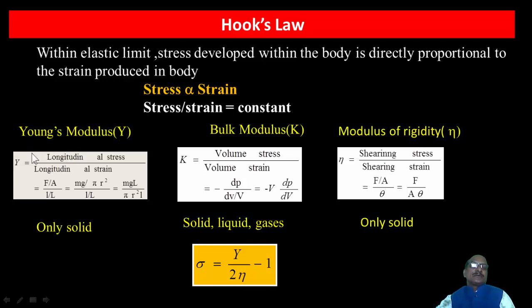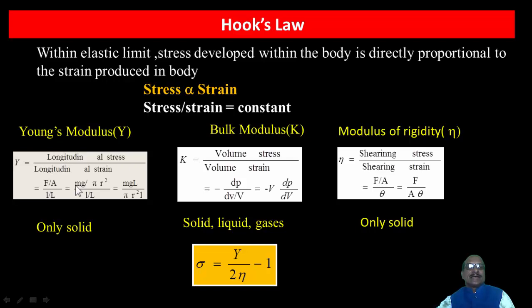Let us consider the first one, that is Young's modulus Y, which is defined as the longitudinal stress upon longitudinal strain. In this case, we find that there is a change in the length of the material body when the deforming forces are applied. The stress is the force per unit area, and we find it in the case of a material wire.